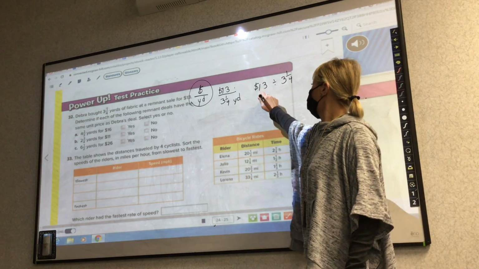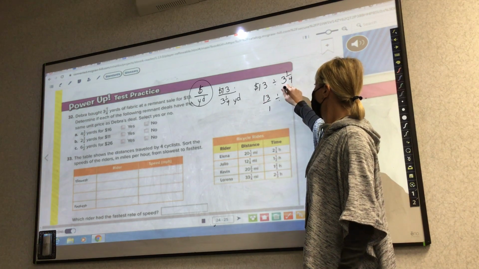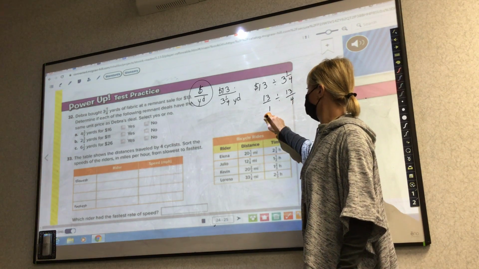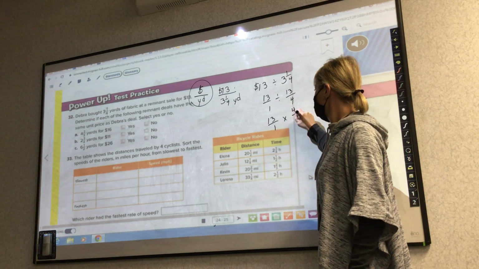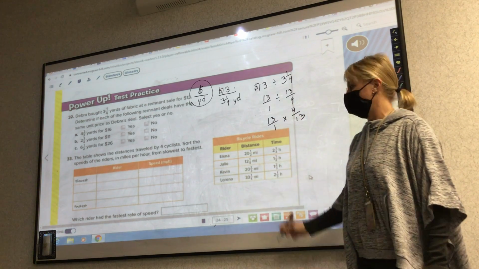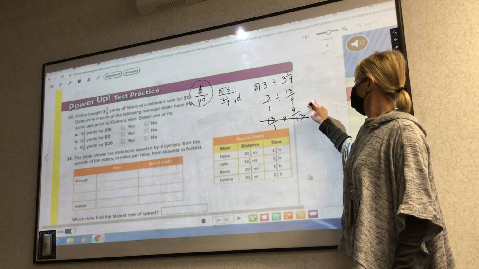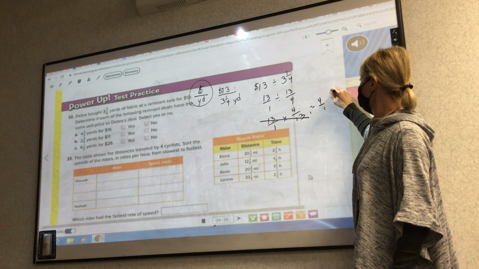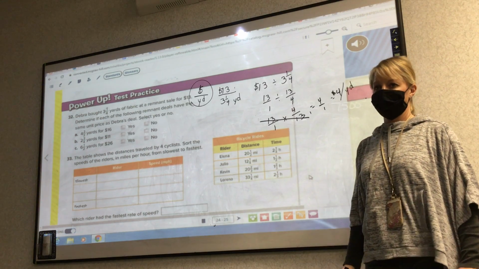Keep, change, 13 over 1 divided by, this is 12, 13 fourths. So then it's keep, change, reciprocal. Cross cancel my 13s. It'd just be 4 over 1, which equals 4. So it's $4 per yard.